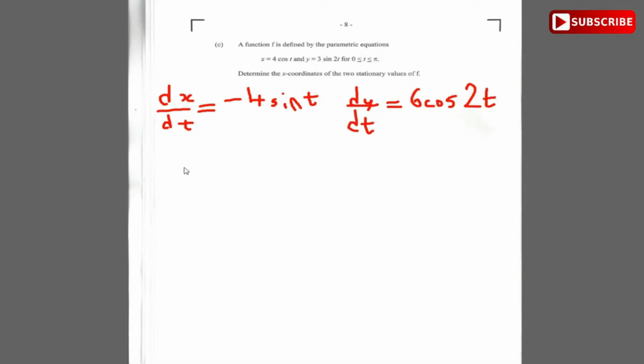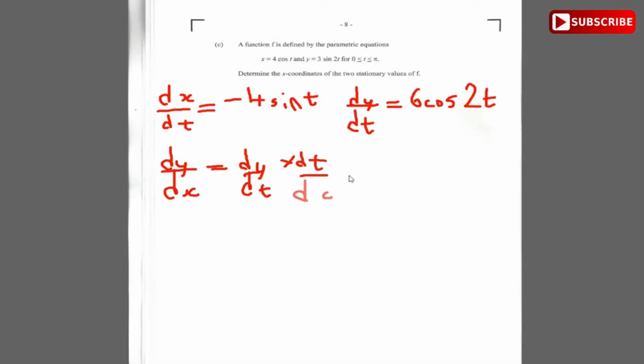So now dy/dx is going to be equal to, remember dy/dx is dy/dt times dt/dx. So what does that mean for us?